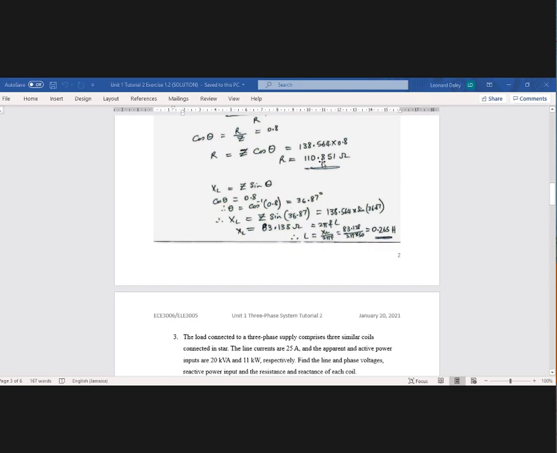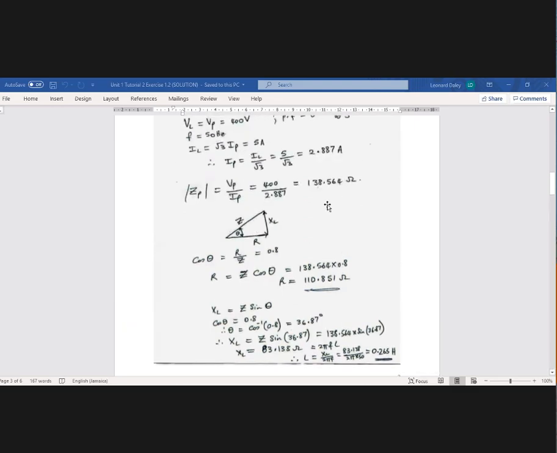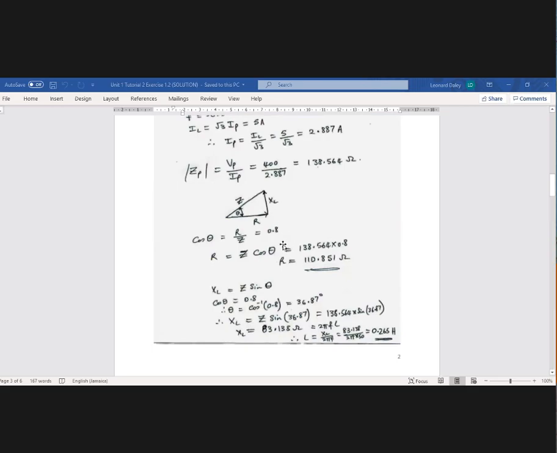Well, you're actually using the triangle. That's why I say it's very important that you understand your diagrams, because even so the calculator is doing it for you. It's converting from polar, so it's converting the 138.564 at angle 36.87.